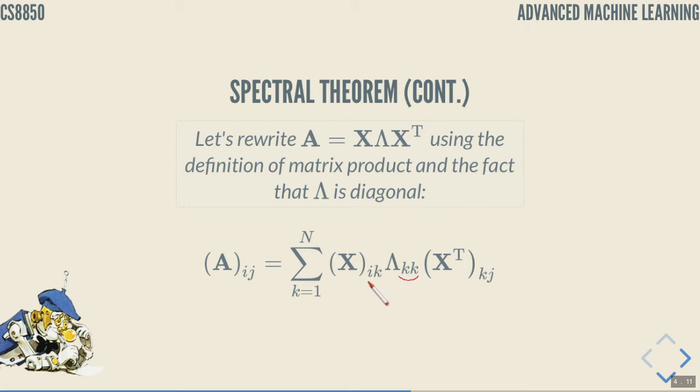This is the ith row of X and the jth column of X transpose, scaled by lambda K K, for the ijth element of A.